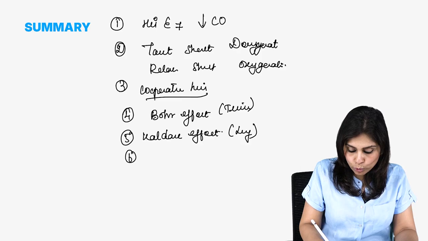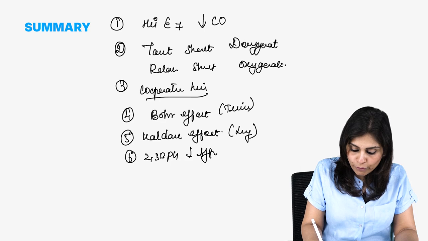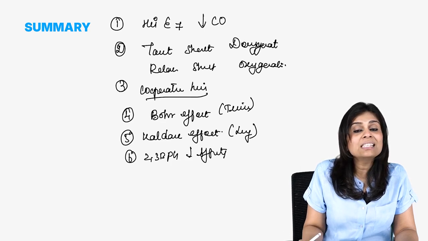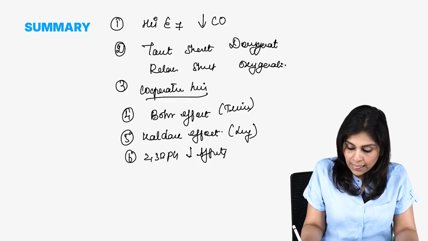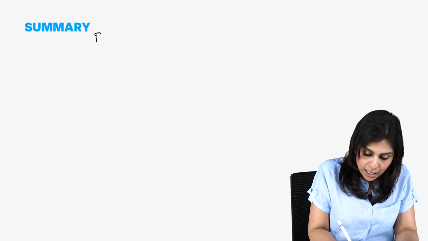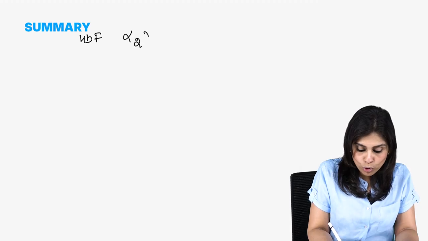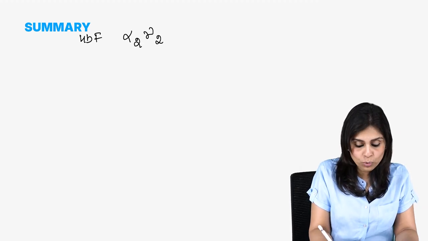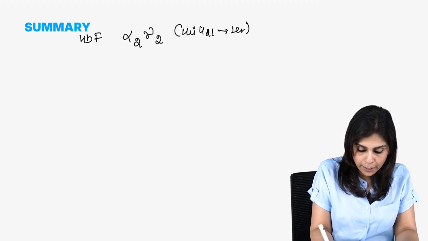Then we learnt about 2,3-BPG, which reduces the affinity of hemoglobin for oxygen by binding to the central cavity, favoring salt bridge formation. Then I told you about fetal hemoglobin exhibiting higher affinity because fetal hemoglobin has alpha-2 gamma-2, wherein histidine H21 is replaced by serine.